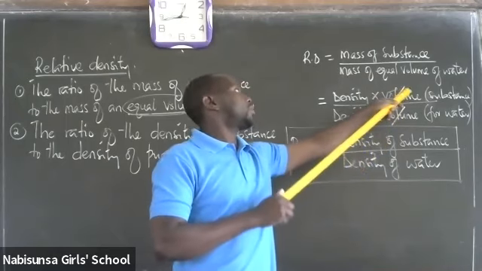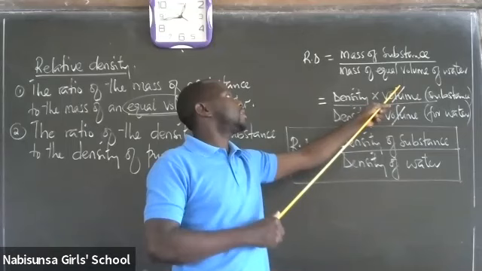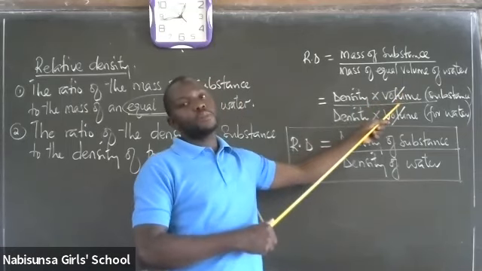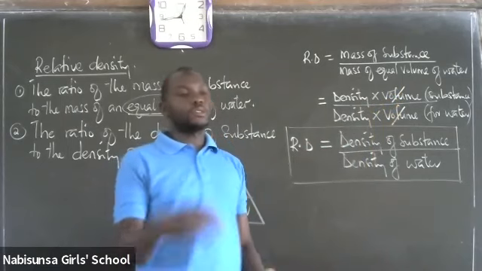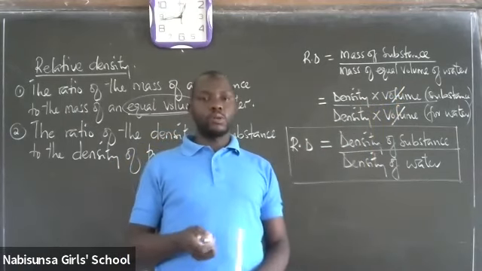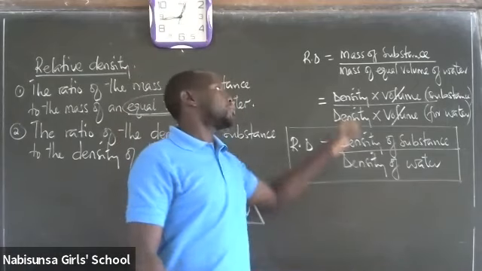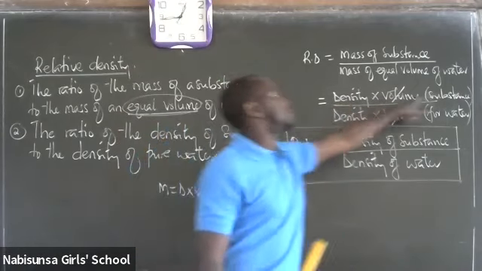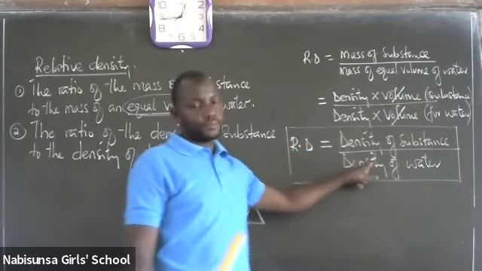If here we are talking about 2 liters, this was also 2 liters. If we are talking about 3 cubic centimeters, this must also be 3 cubic centimeters, meaning that the volume will cancel since they are equal. The one in the numerator will cancel with the one in the denominator. What we shall remain with is only the density of the substance over density of water, which is this one.